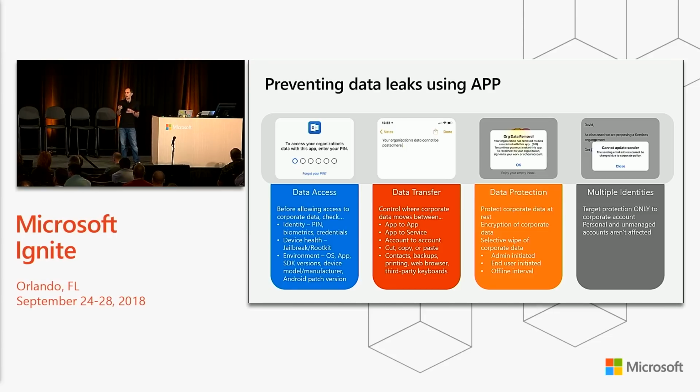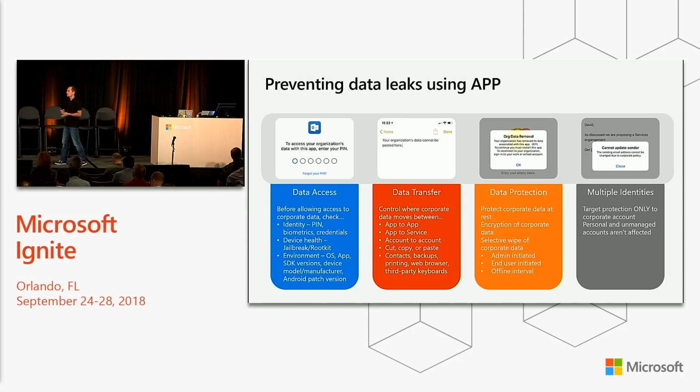And that's through our data access protection mechanisms. We can leverage the identity and enforce protection to access that data, whether that be via PIN, biometric, or your account credentials themselves, so that when you launch the app, you must enter a PIN in order to gain access to the corporate data. We also validate device health, even though the device isn't enrolled.